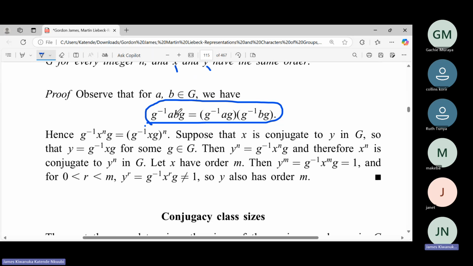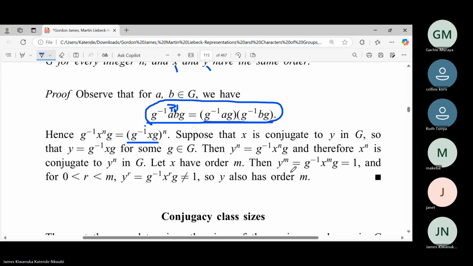You just fix an identity element in between A and B, and then you're able to write it in this form. So this is what we'll use now for the powers. The difference now is that instead of having A and B, you have x repeating itself, x, x, x, x, and you keep plugging in the identity element in the form g g inverse, and then you can split the product into n such terms.